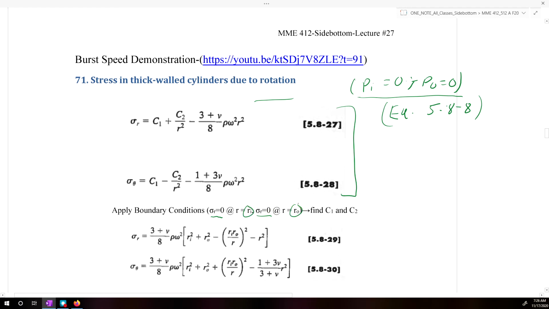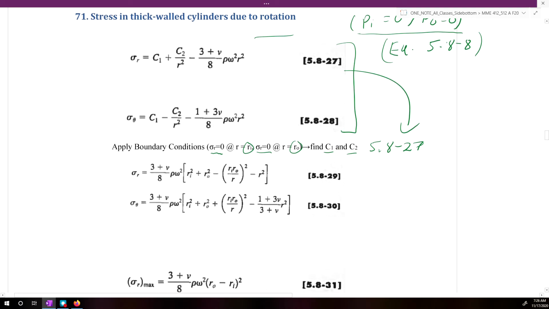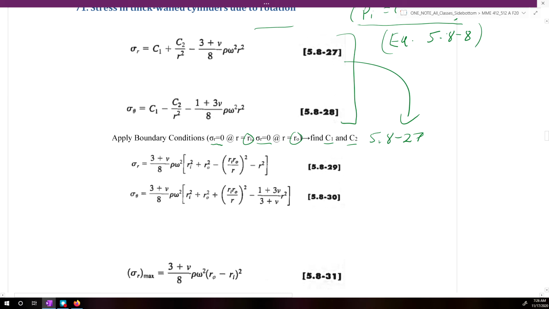So we can plug those boundary conditions into equation 5.8-27, and we should then be able to solve for the two unknown constants C1 and C2. If we know C1 and C2, we plug those in, and we end up with these two equations for our radial stress and our tangential stress due to the rotational force.